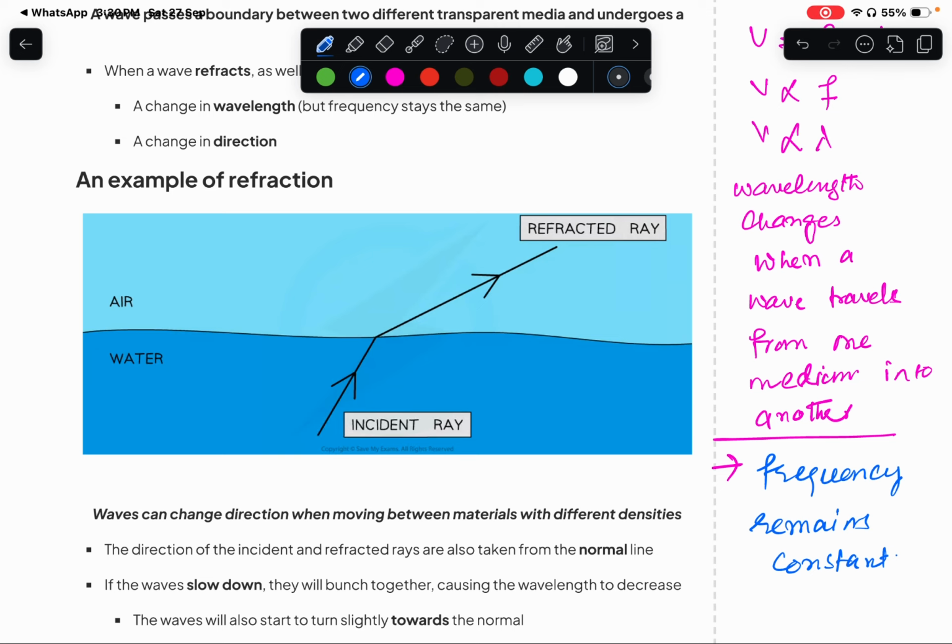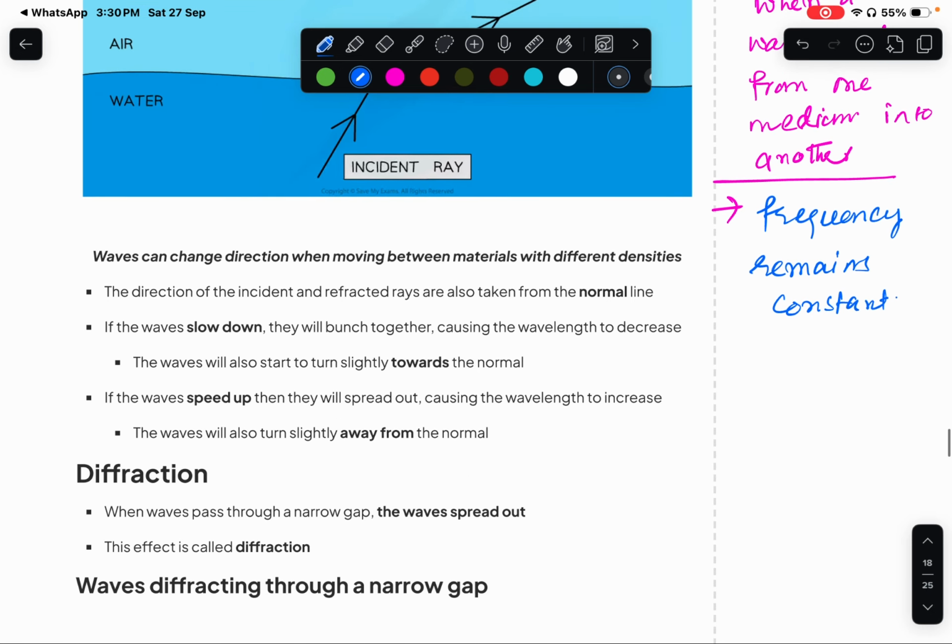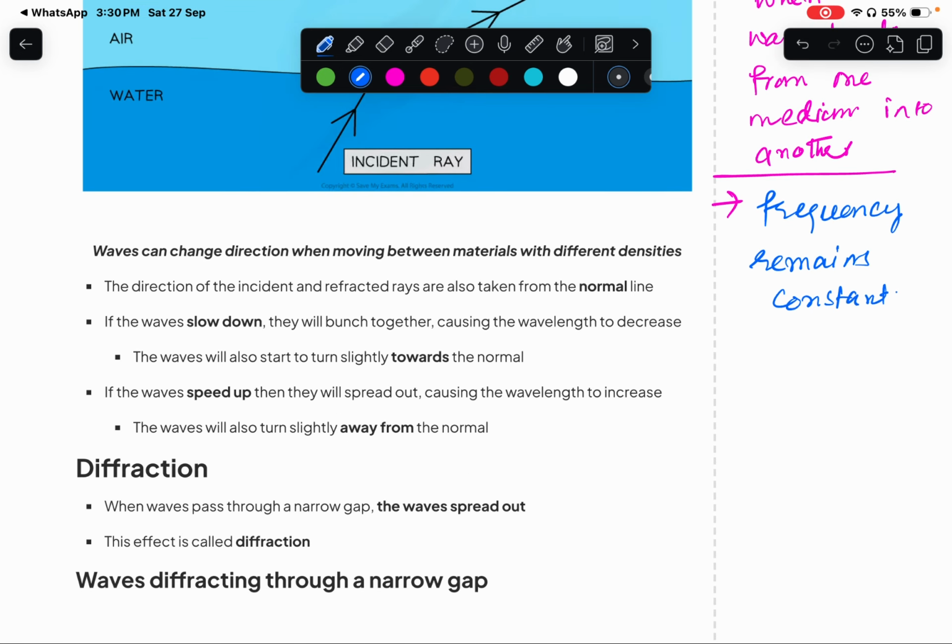Okay, if a wavefront is entering from a deeper region to a shallow region, what happens? The wavelength decreases, and we know that speed and wavelength have a direct relation. So if the wavelength decreases, the speed decreases, but the frequency is not affecting the speed.